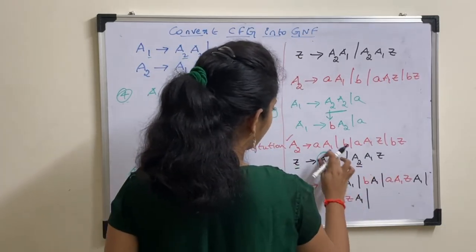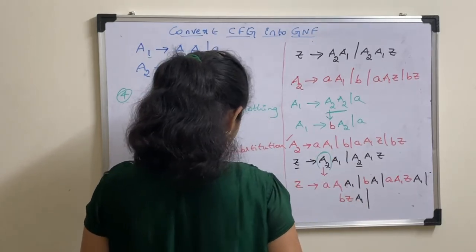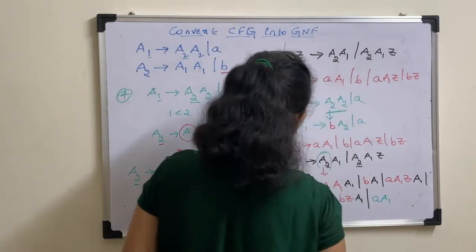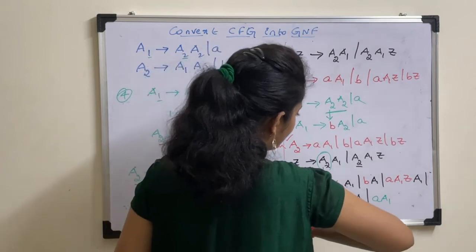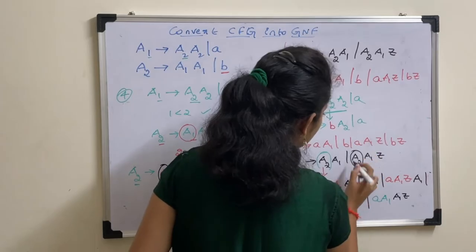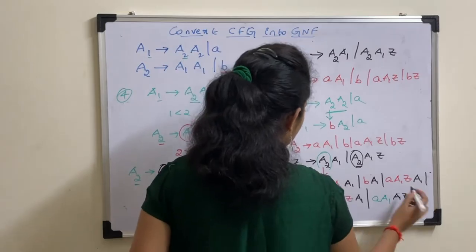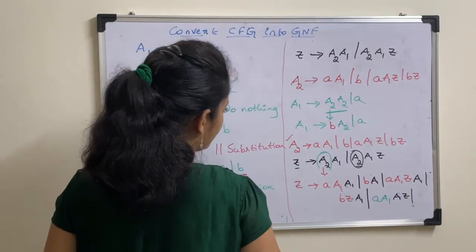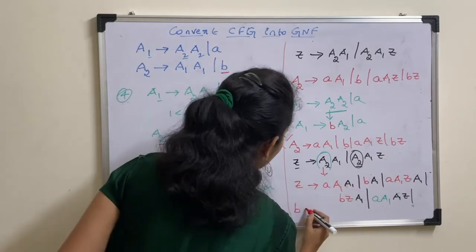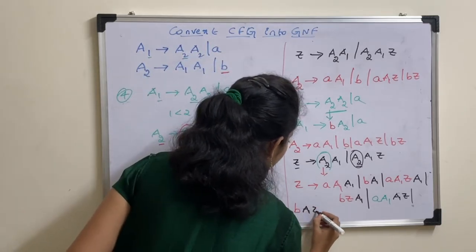So in place of A2, substitute A1 and A1Z should be written as it is. Next, B, substitute B followed by A1Z.